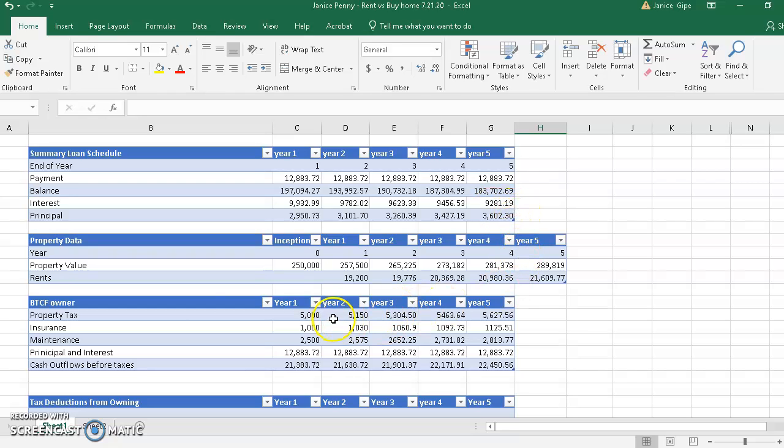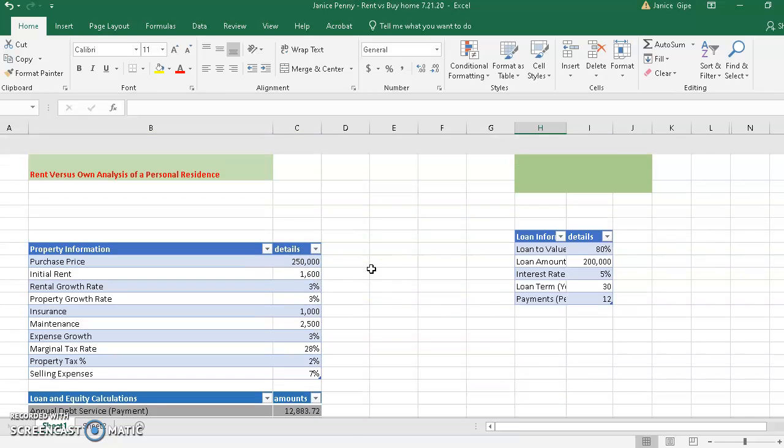And then your property data in year one, with inception of the loan, you have $250,000, and the value goes up. As you can see, you're using this calculation.